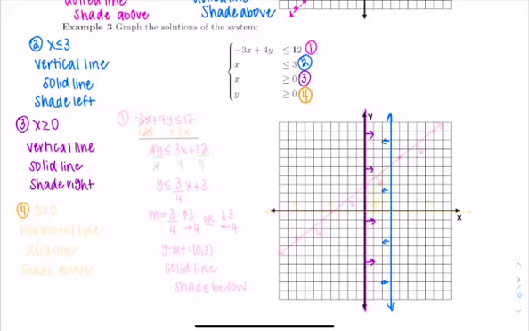The fourth equation is y is greater than or equal to 0. This is a horizontal line that's solid, and we are going to shade above.